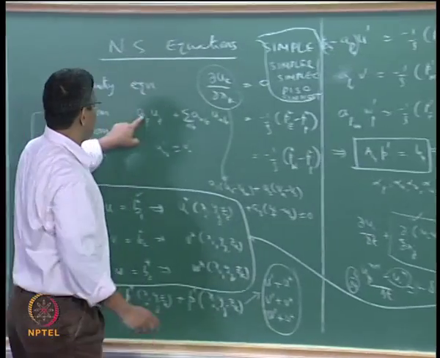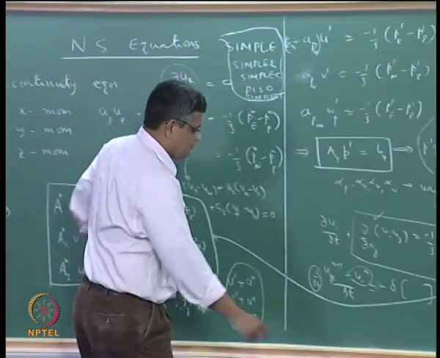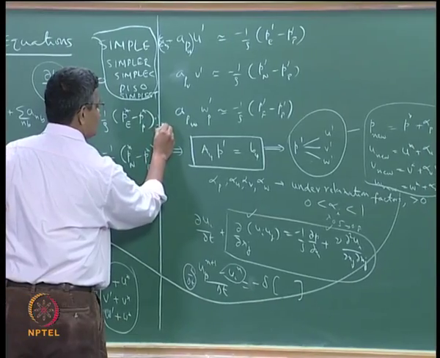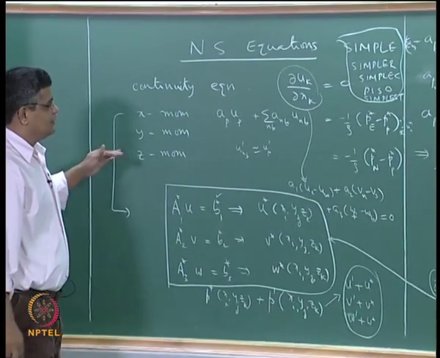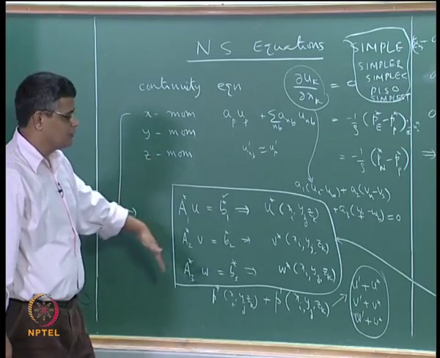So you will have AP plus 1 by delta t coming here, and here we will have plus 1 by delta t times ui^n coming in this.